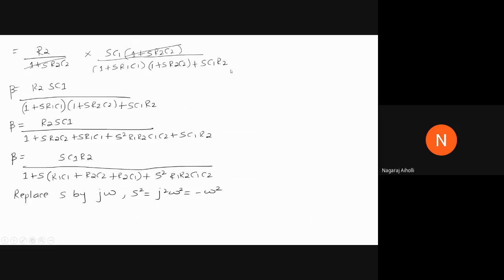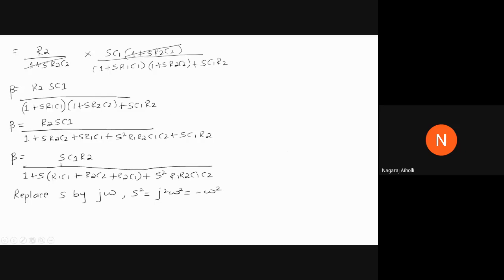So what cancels here, students? 1 plus S R2 C2 cancels. Therefore, beta is equal to R2 S C1 divided by (1 plus S R1 C1) into (1 plus S R2 C2) plus S C1 R2. Multiplying out, 1 into 1 is 1, plus S R2 C2, plus S R1 C1, plus S R1 C1 into S R2 C2, which is S square R1 R2 C1 C2, then plus S C1 R2.